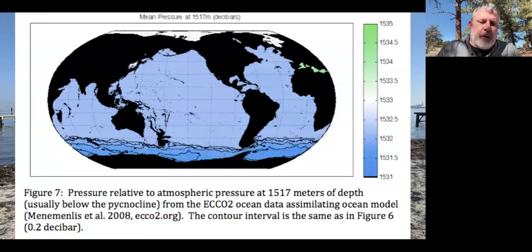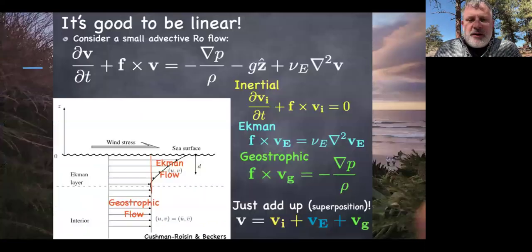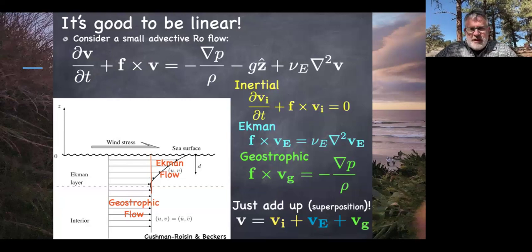Okay, cool. All right, so I said we had all the terms in the equation tied up except for the advective term in one or the other of these budgets. So if we just say small Rossby number, small advective Rossby number, and throw away that advection term, we have this term, the time tendency term, appearing in just one of our budgets.